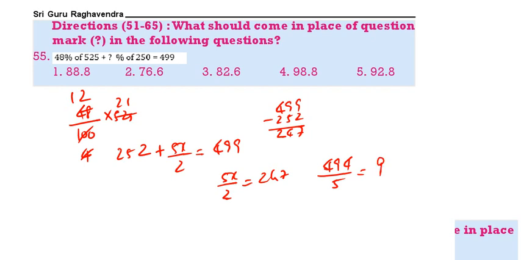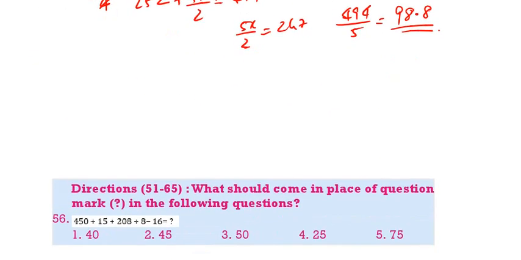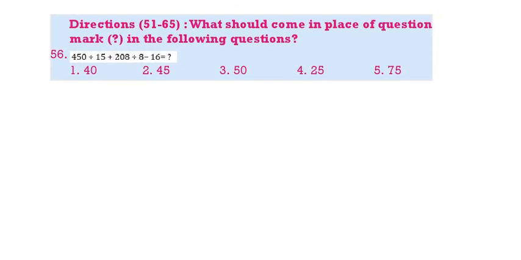So 5 9s 45, then 5 8s 40, again 5 8s. We will get 98.8. Next question. 450 by 15, that is 30, plus 8 2s 86 minus 16, that is equal to 40. 40 is the correct answer. Option 1.